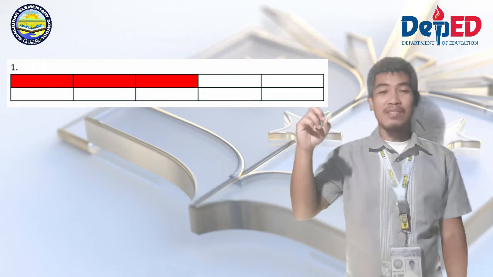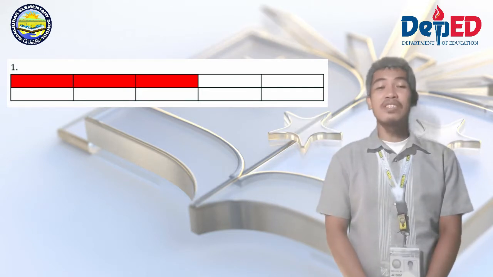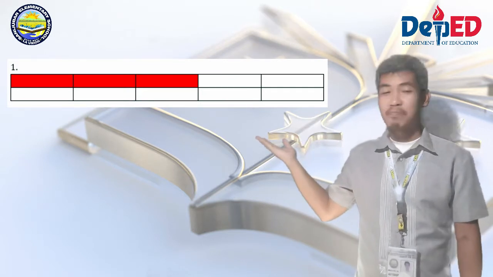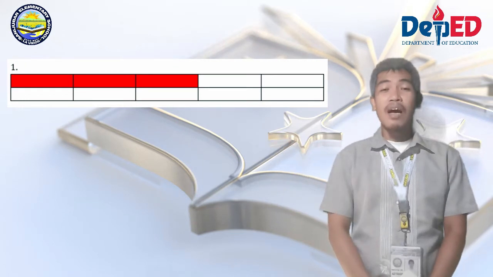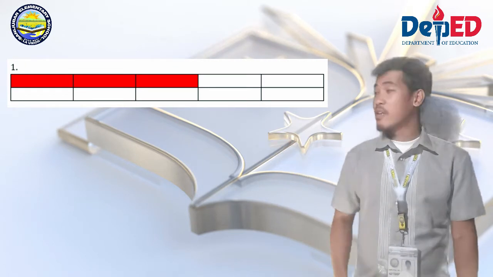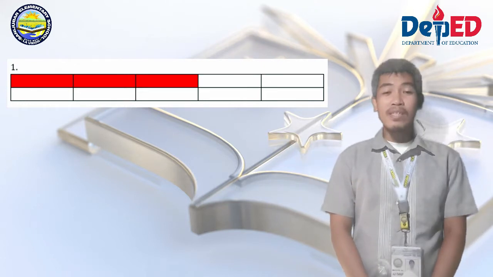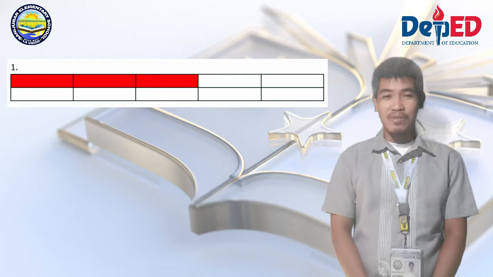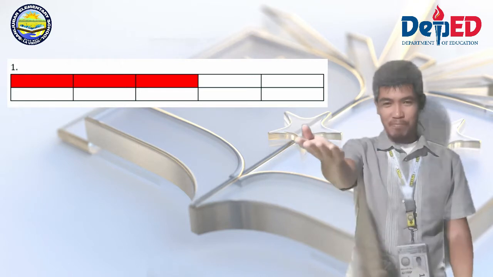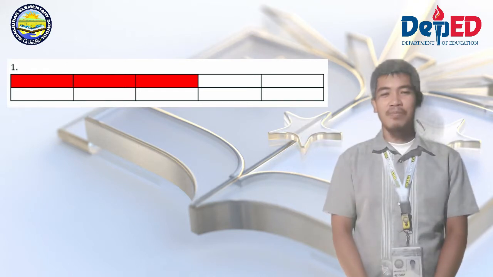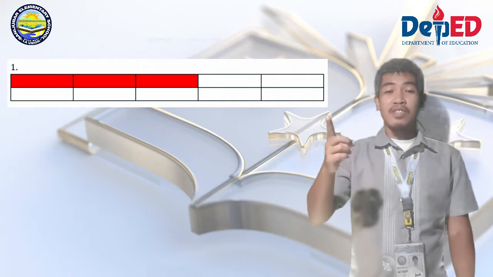Number 1. Count how many is shaded. Then count how many squares are there in all. What is our fraction? Correct, John Mark.